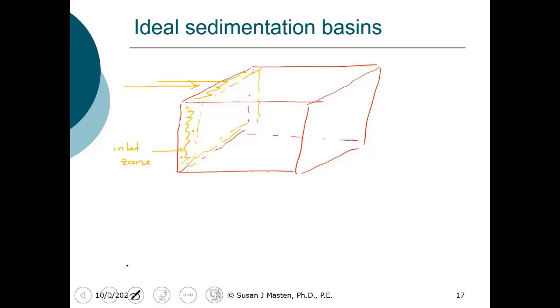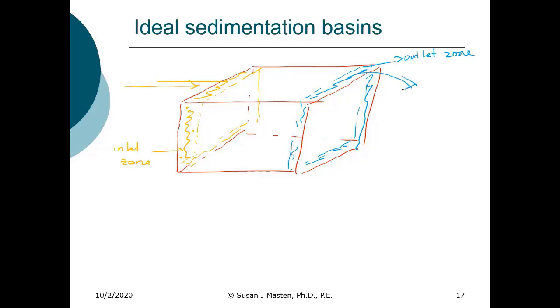We also have an outlet zone. That is this area here. So this is our outlet zone. We have flow out of the system here. Again, we'll assume that we don't have settling in that outlet zone. So the flow is either transitional or turbulent, but we don't have settling there.